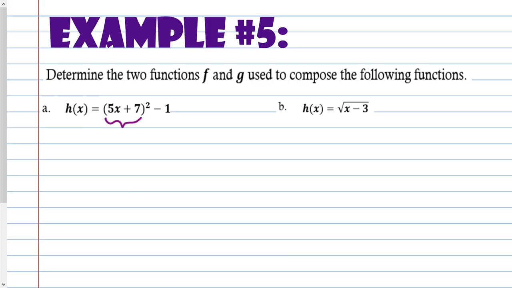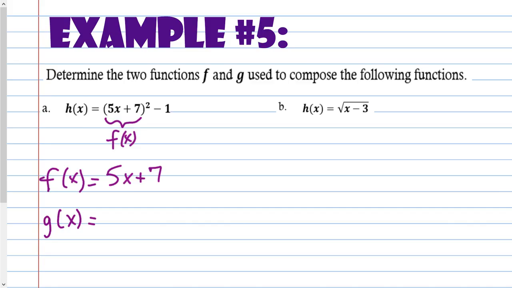So right here, I'm going to call this f of x. If f of x was 5x plus 7, then the other function, I'm just going to call it g of x. Doesn't really matter which one is which. We're just trying to break this down.